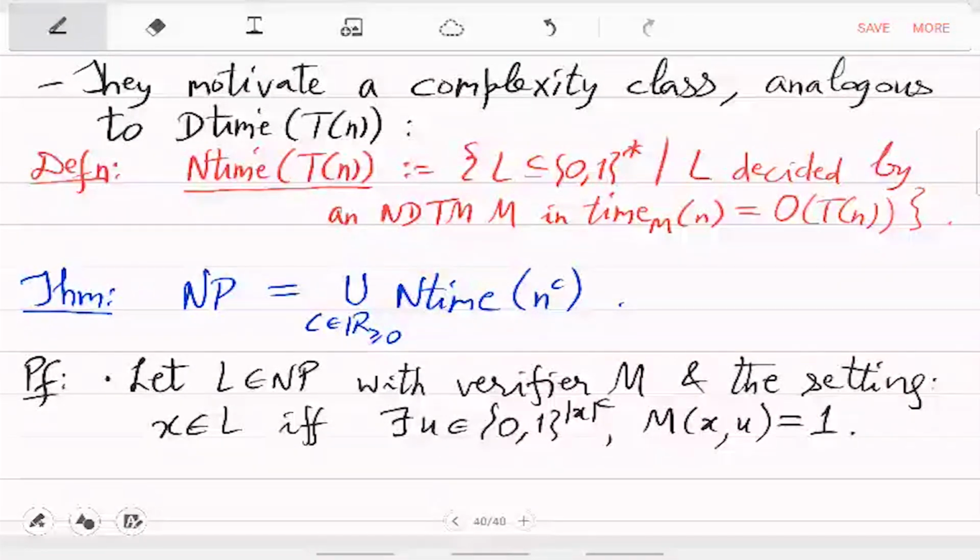That is the definition of NP via verification, via verifier.